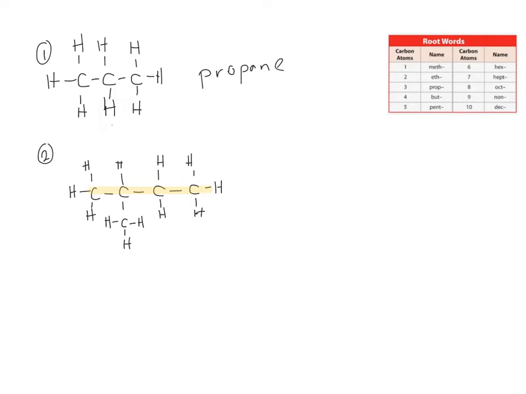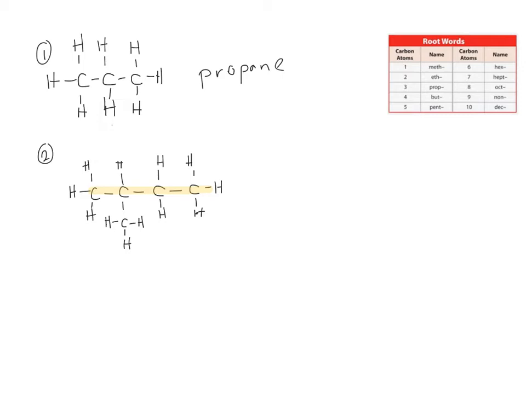If we go from the bottom and then to the right, there are 4 carbons in the longest carbon chain. Or if you go backwards, there are 4 carbons in the longest carbon chain. So no matter which way we go, the longest carbon chain is 4.